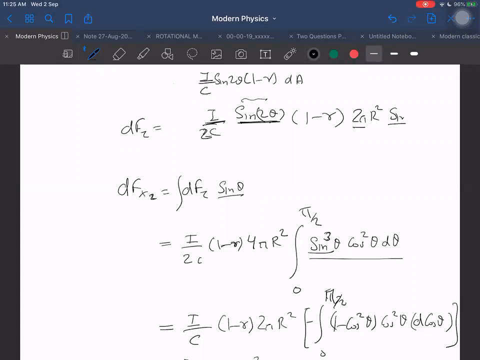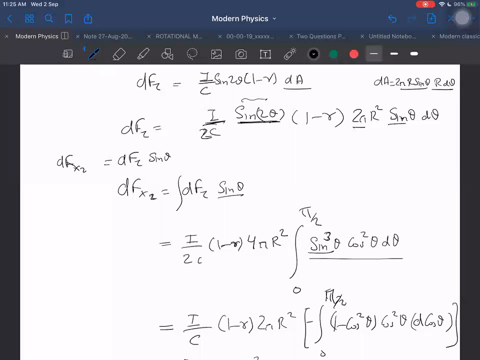But now, what is dA? dA is equal to 2 pi r sin theta, which is the circumference, into r d theta, which I can write as 2 pi r squared sin theta d theta. But I want dF along tangential times sin theta, because I want its component along the x-axis, and I am calling it dFx2. So I have to multiply by sin theta, and then it becomes sin squared theta here.